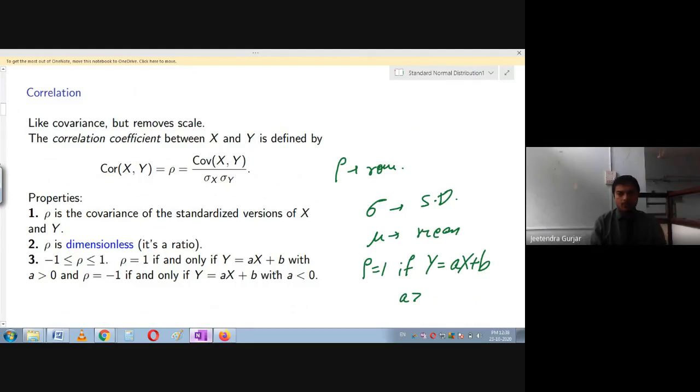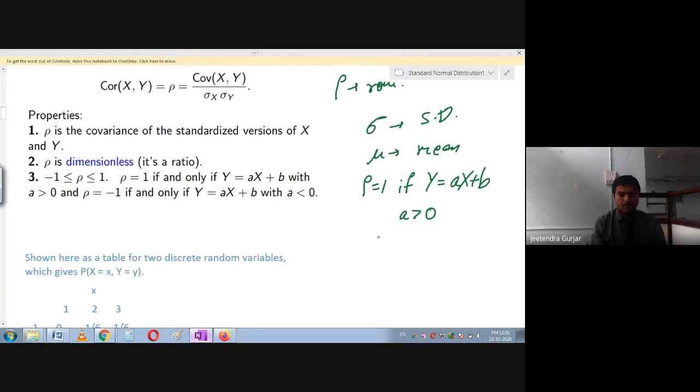And rho will be minus 1 if and only if Y is equal to aX plus b and a is less than 0. So these are the properties of correlation. Please go through it once again.